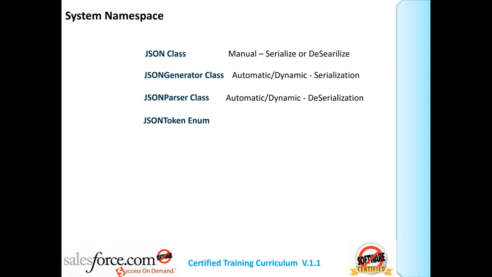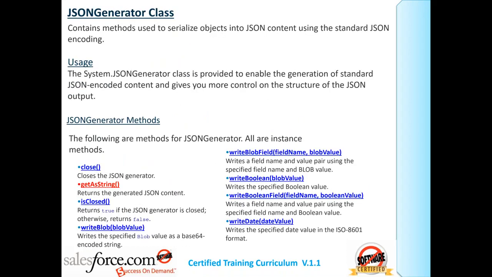The work of the generator is to generate, to create a JSON file. That means serialization. JSON generator is used to serialize complex requirements. A simple requirement is JSON.serialize, but a complex one is this.